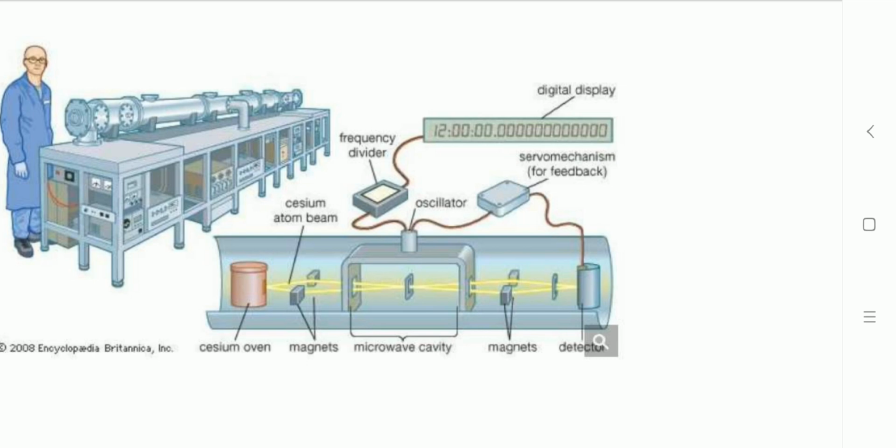And as you can see on the digital display, this working principle provides a resolution up to 13 digits after the decimal point. So the resolution is available in terms of 10 raised to minus 13.